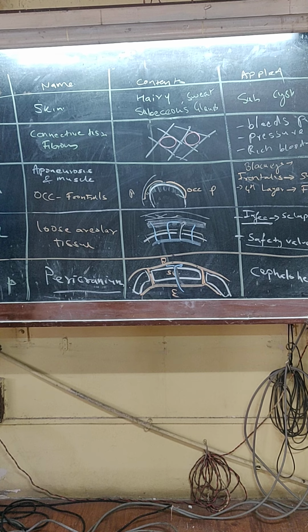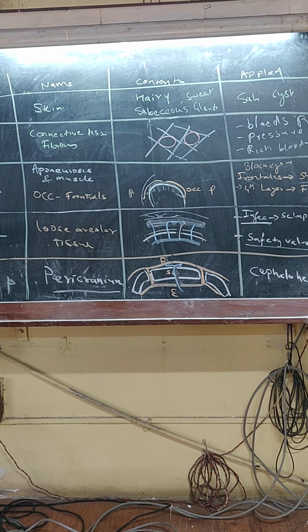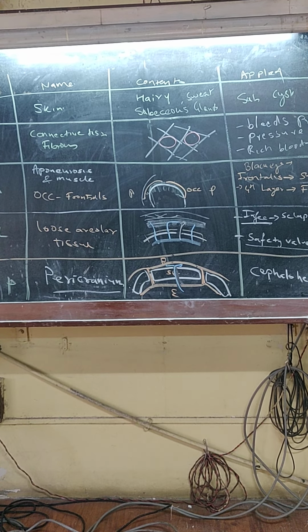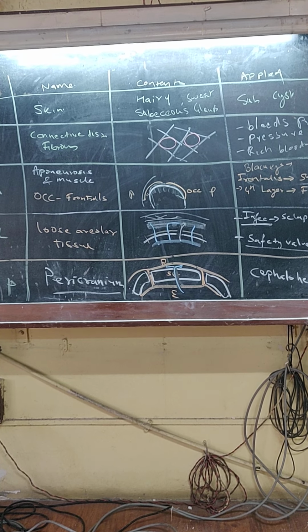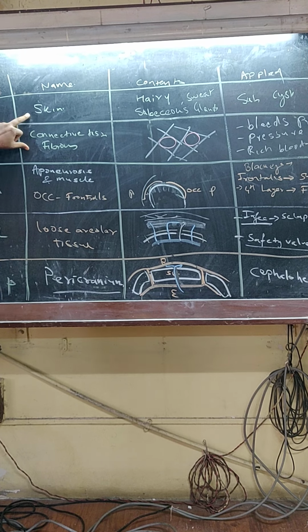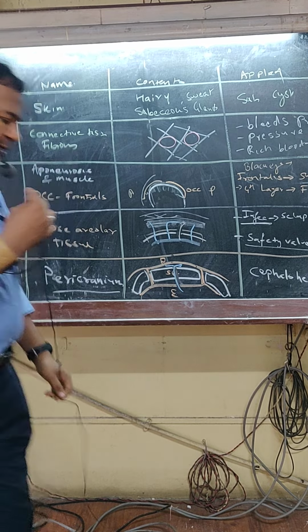Okay? Clear? So 5 layers of the skull: skin, connective tissue, aponeurosis, loose areolar tissue, and pericranium.